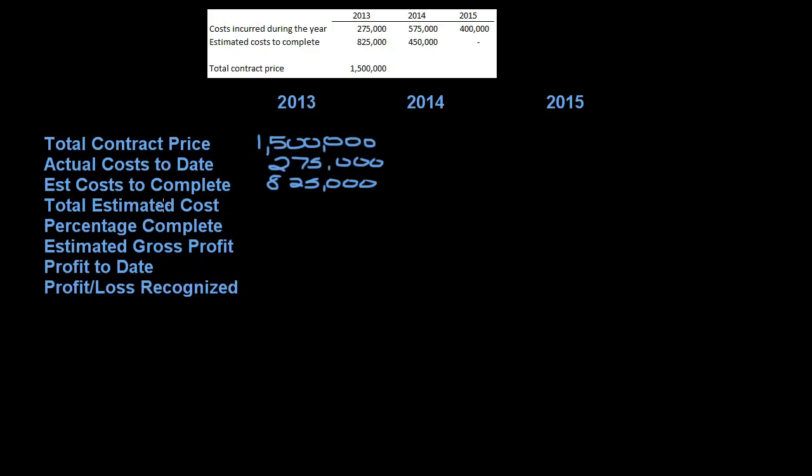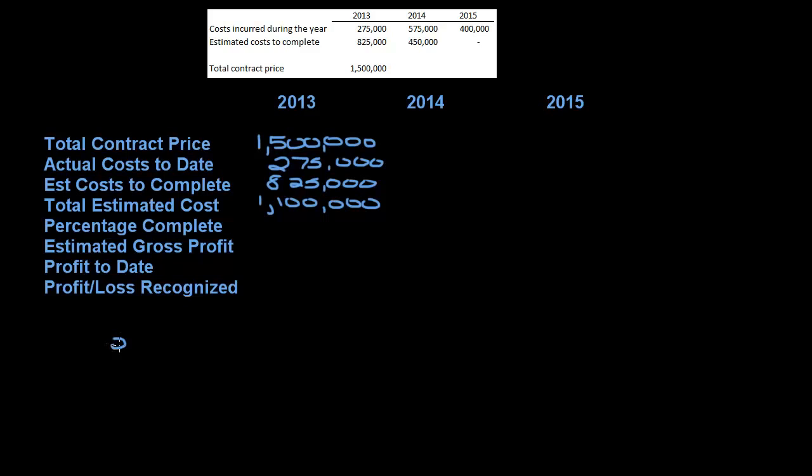So my total estimated cost, I'm going to add up the actual cost to date plus the estimated cost of completion. So I think that the total estimated cost is going to be 1,100,000. And so now we have to figure out what is the percentage that is complete. We think the total cost of the job is going to be $1.1 million, and the actual cost to date are 275,000.